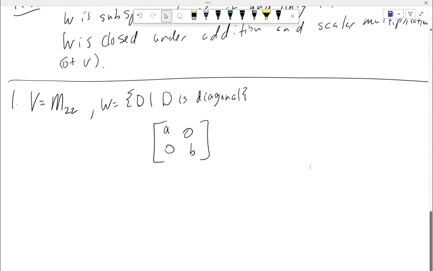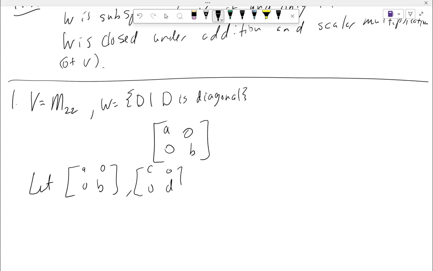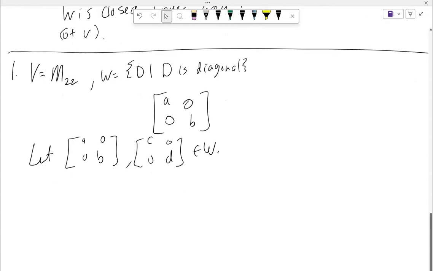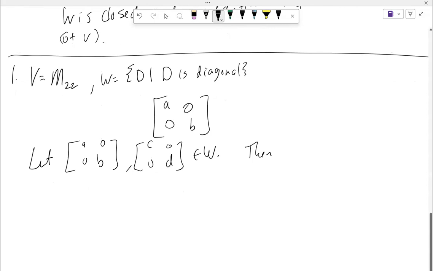Okay. So let's let [[A, 0], [0, B]] and [[C, 0], [0, D]] be elements of W. And literally just add them together. What do you get when you add those two matrices together?